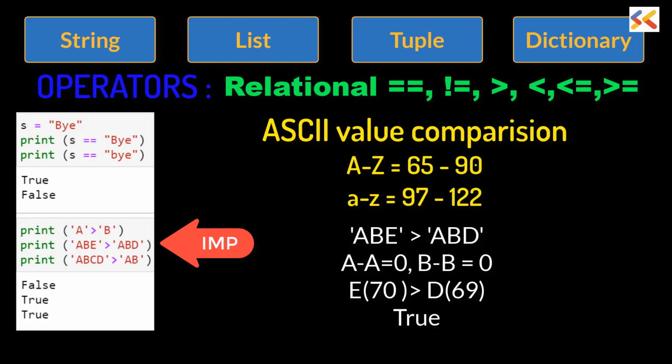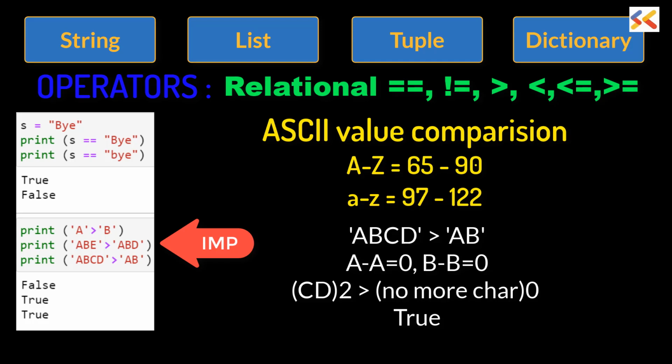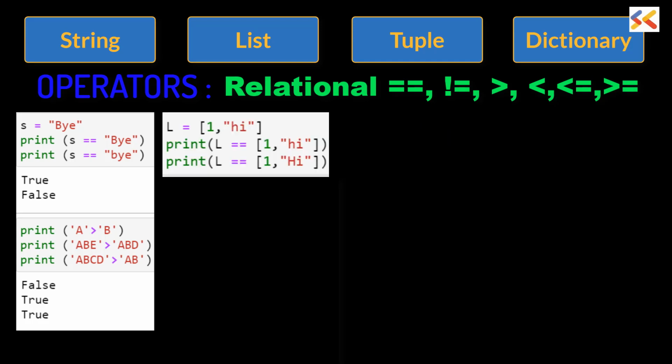If you have string with multiple characters, it will do character-wise comparison till unequal characters are found, and it will return overall result as the result of comparison of that unequal pair. If you have two strings of unequal length with same first characters, then it gives the result that the longer string is greater.